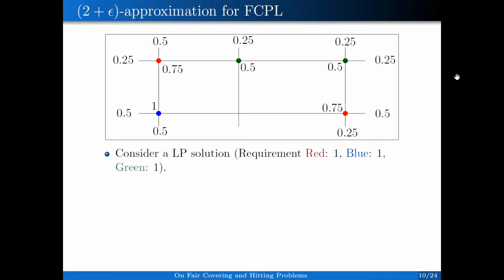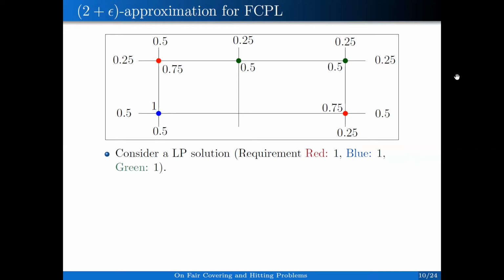Now, let's consider any LP solution. To round this LP solution, we will exploit the geometry of the input instance. In particular, the property that each point is intersected by at most 2 lines.